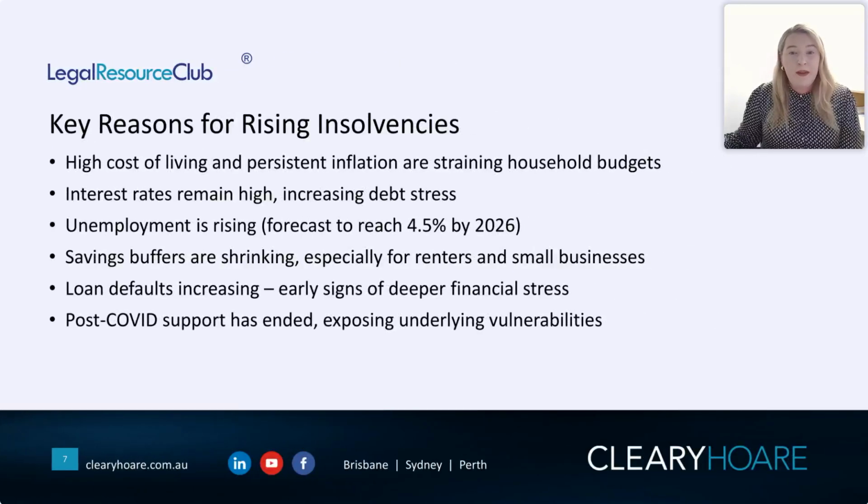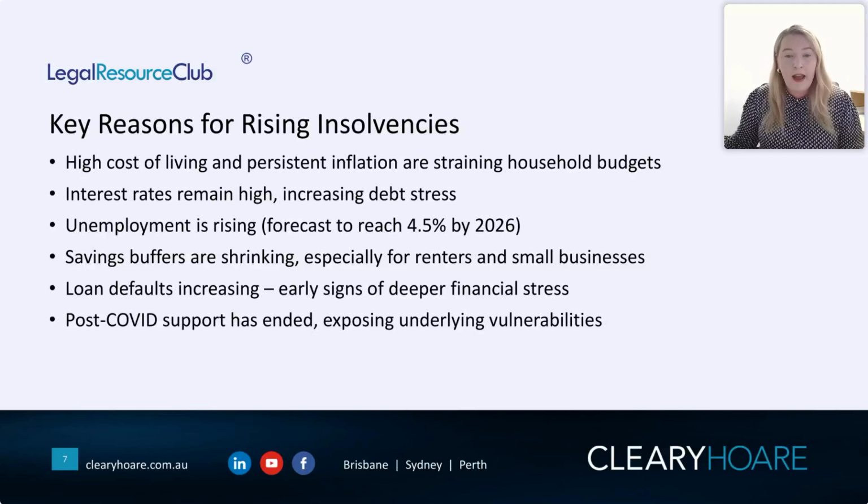So what are some of the reasons why we're seeing this increase in personal and company insolvencies? And that all comes down to, as I mentioned at the start, all of the financial and economic uncertainty that Australia and really the rest of the world has been experiencing in the last few years.